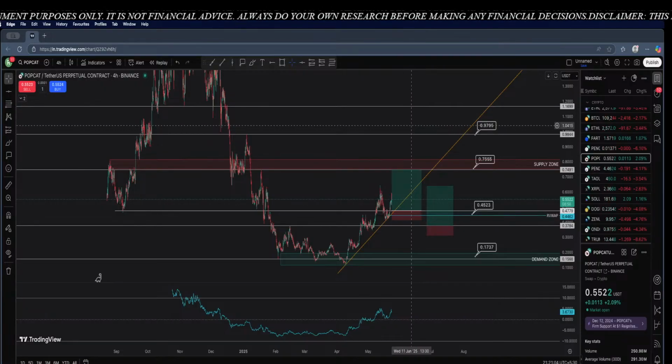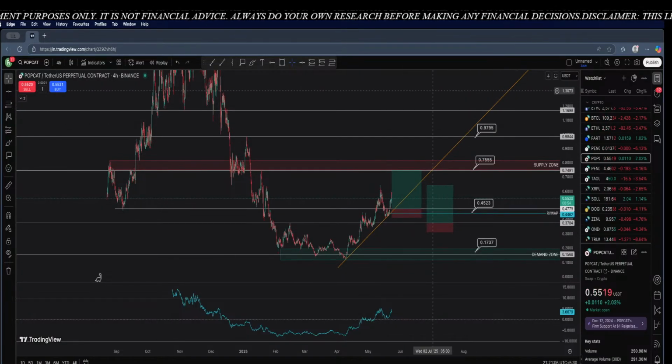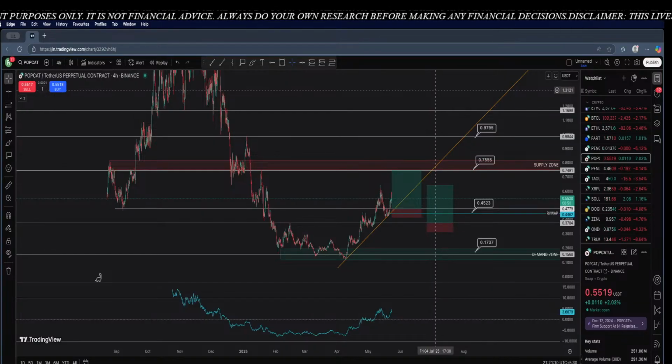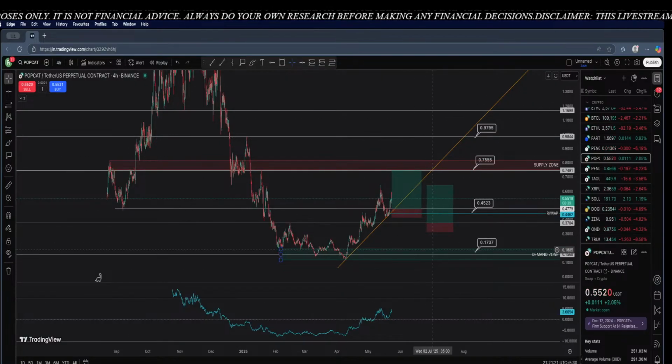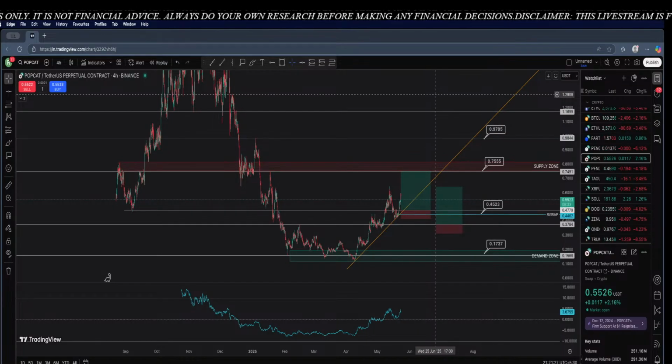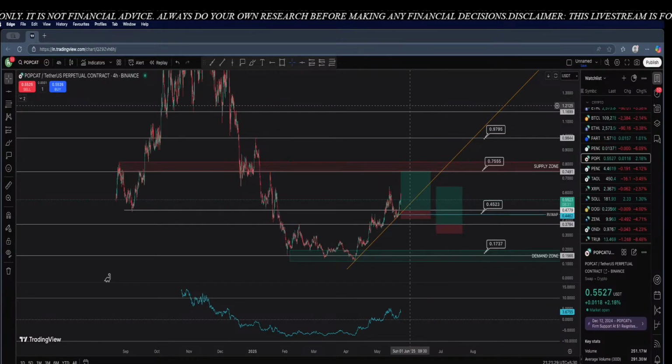Scalping altcoins is a very hectic and difficult task to undertake unless you have the experience to do it, then by all means go for it. But I would recommend taking it easy, have the patience, and just wait it out and trade with the higher time frame. You'll have a lot less of a stressful endeavor approaching altcoins and these meme coins or whatever on a higher time frame.